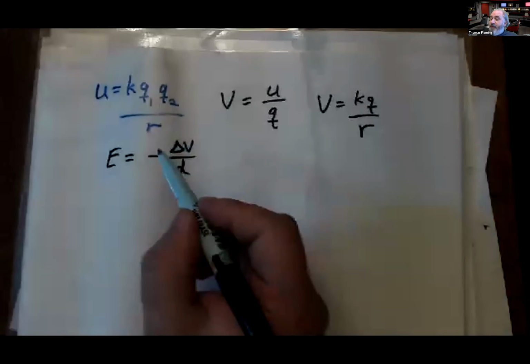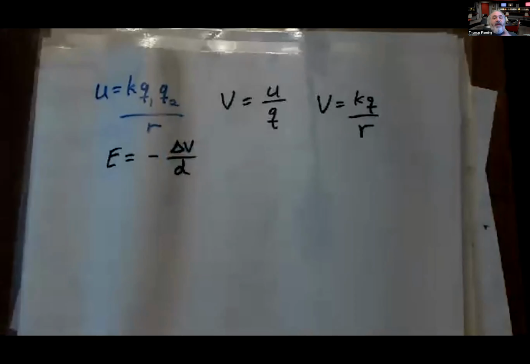And this minus sign indicates that the electric field points in whatever direction the electric potential is getting smaller. So if I go from some place where V is 100 volts to some other place where V is 50 volts, that means that the electric field is pointing in the direction from the 100 to the 50.